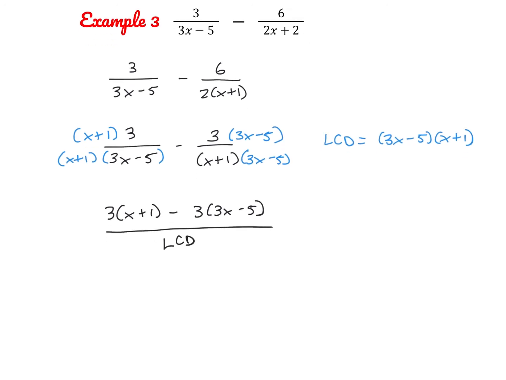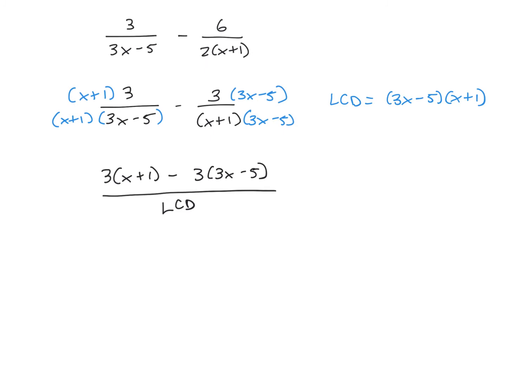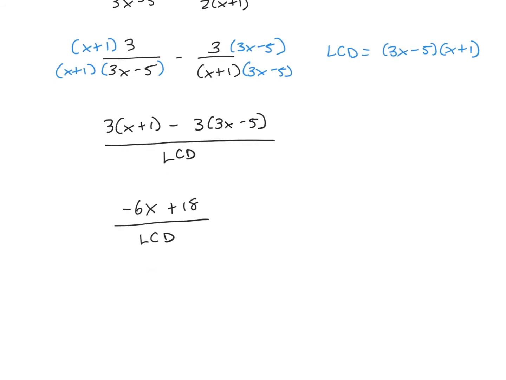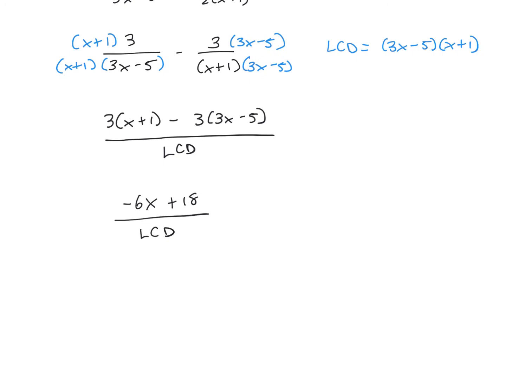Now we have that common denominator. Here we're just going to multiply it out and combine like terms. So here we have positive 3x minus 9x, so we have negative 6x. And then here we have positive 3 plus 15, so plus 18 over our LCD. Since we can, let's just factor in our numerator to make sure there's no way to simplify.